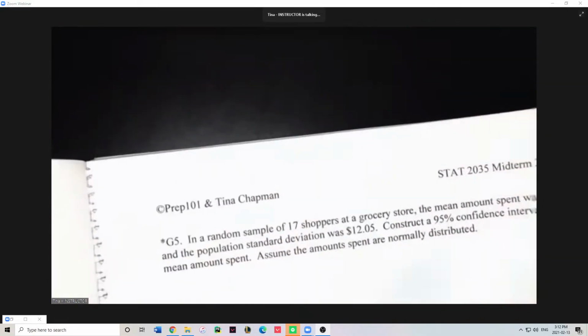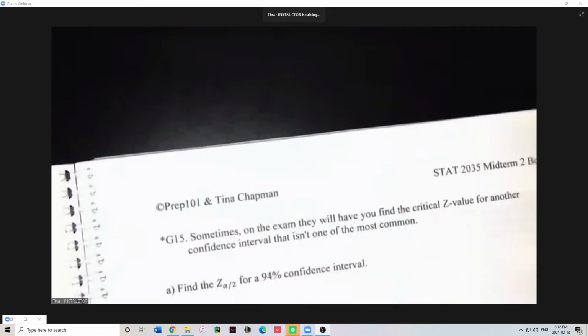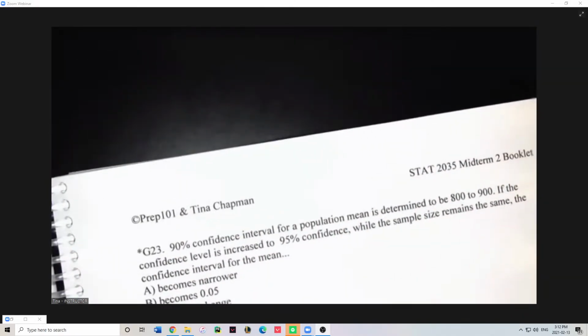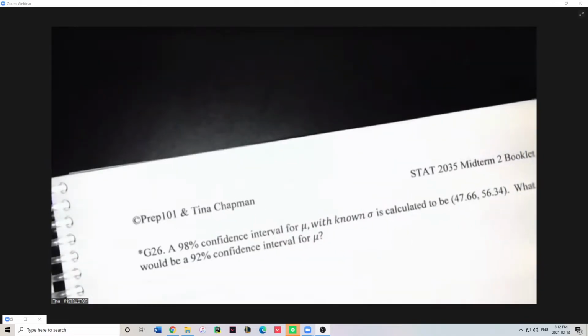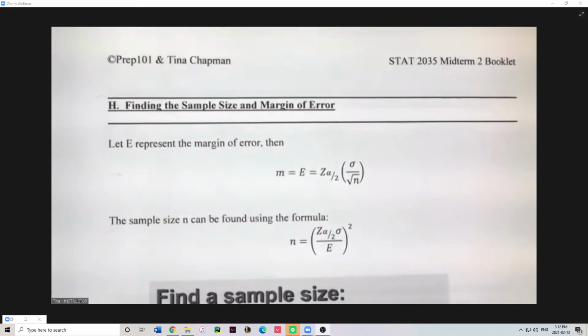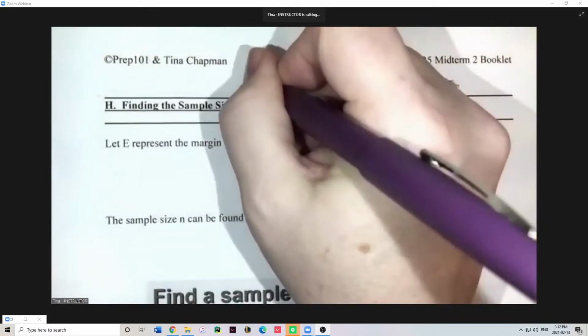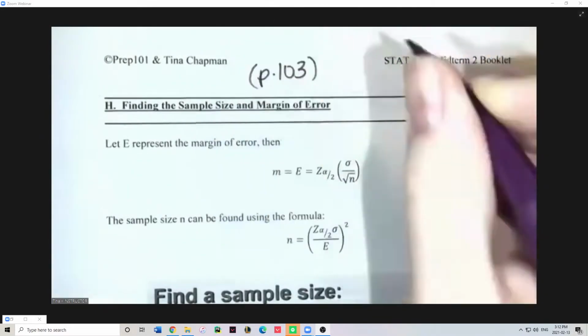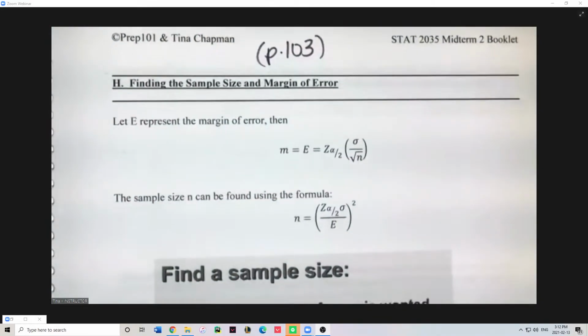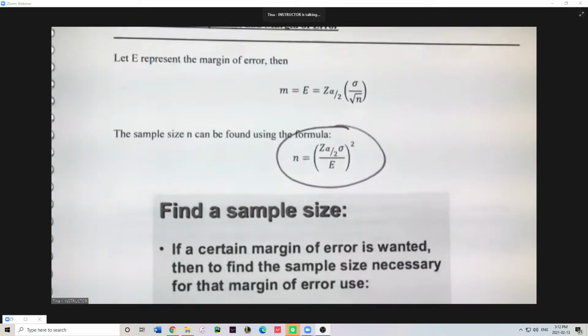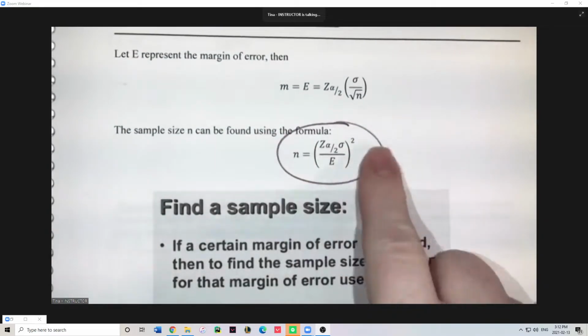So next is finding sample size. So sample size is turn to page 103. So the sample size formula is kind of in the middle of 103 near the top here.